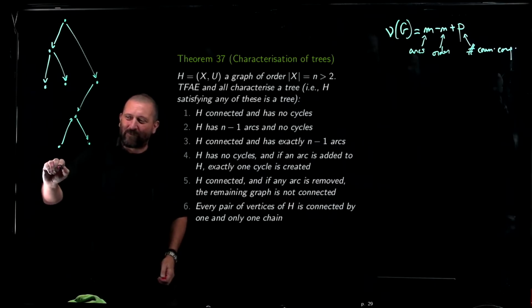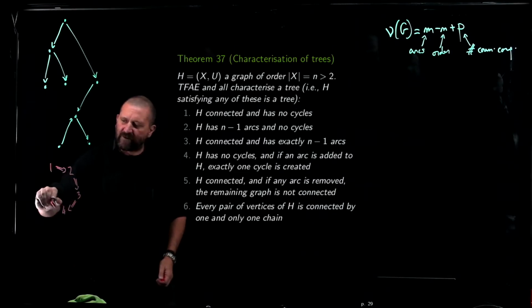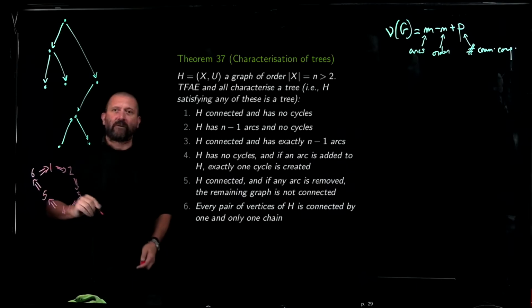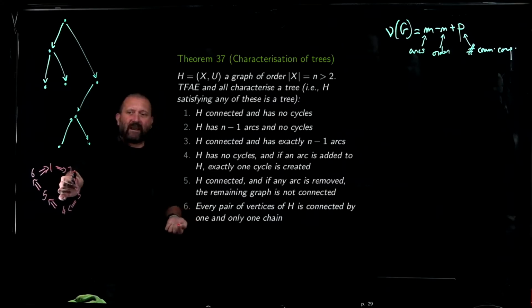So we're going to show that 1 implies 2, which implies 3, which implies 4, which implies 5, which implies 6, which in turn implies 1. So that's why the following are all equivalent. I can pick any property and I can follow this graph onto whatever other property I'm interested in.